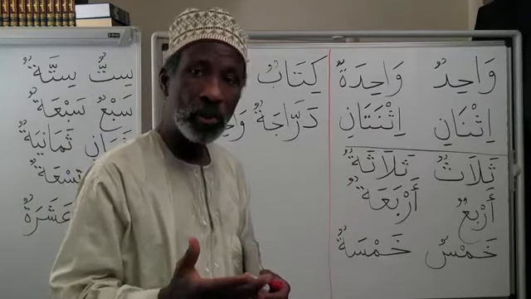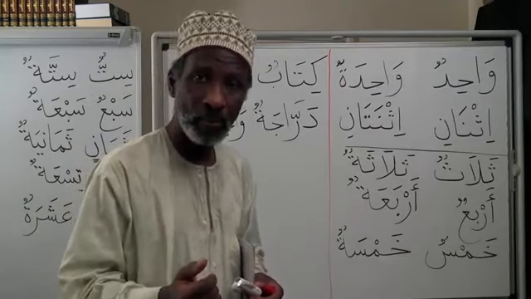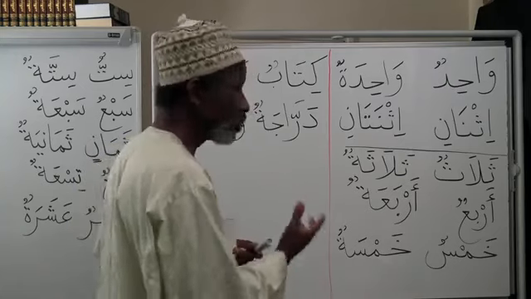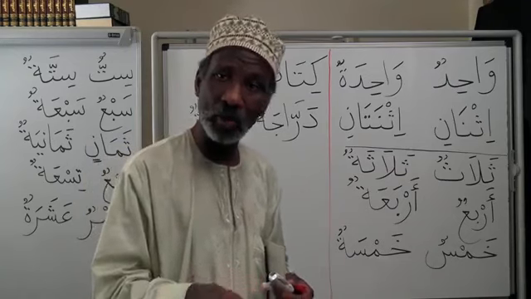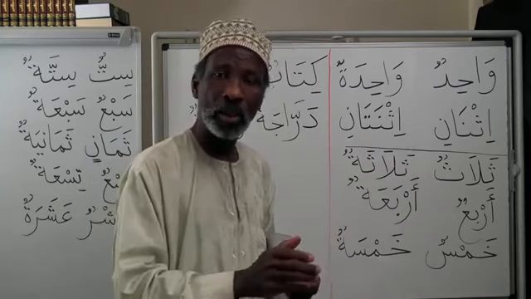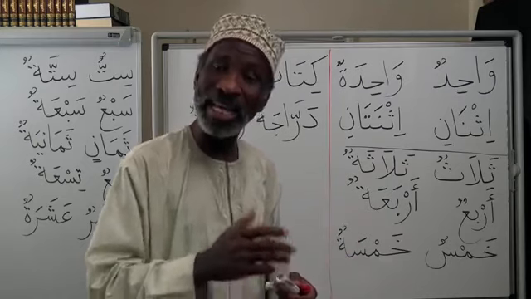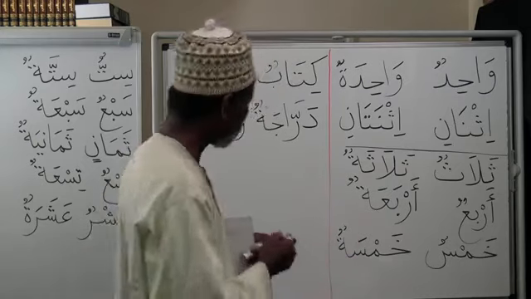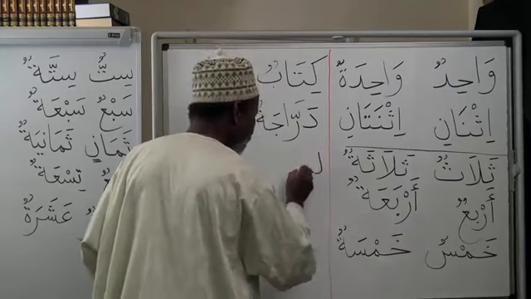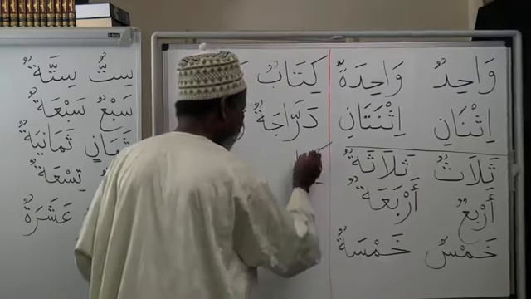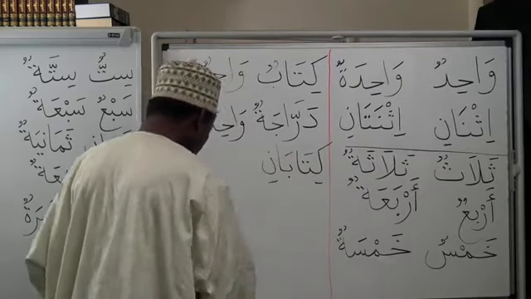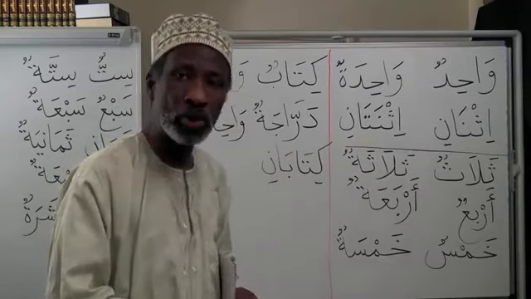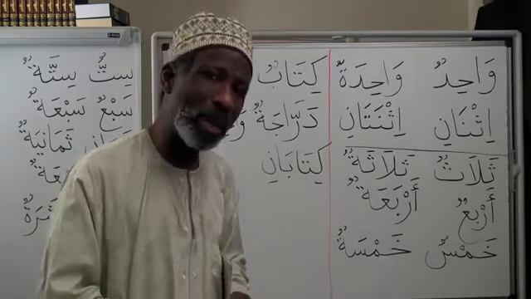Now number 2 follows the same pattern. If you want to say 2 books in Arabic, you know the pattern. To convert a singular noun to dual, you just add an ending. You say kitabani. That's two books. So there's no need really to mention number 2.